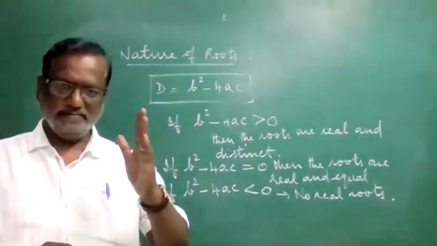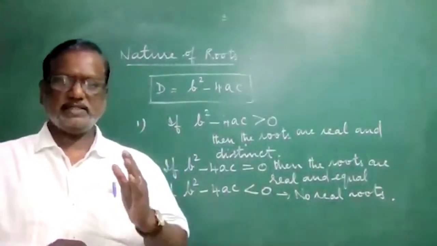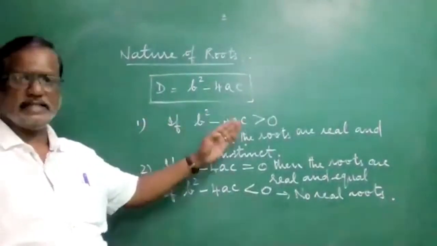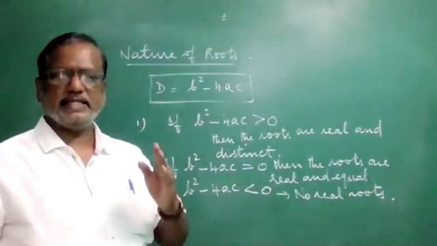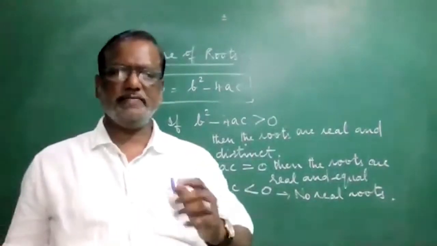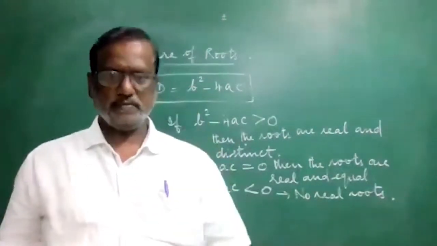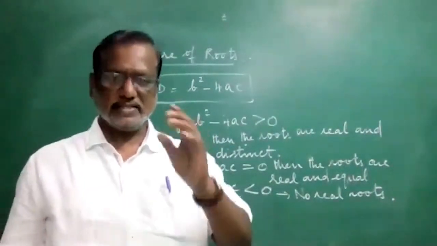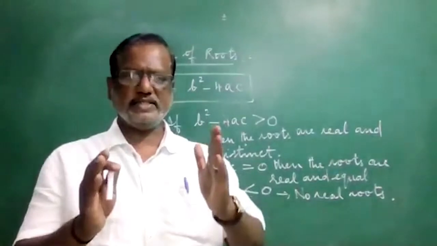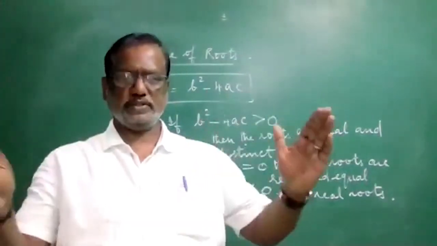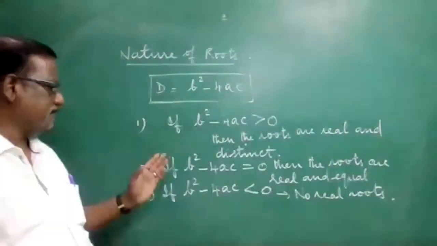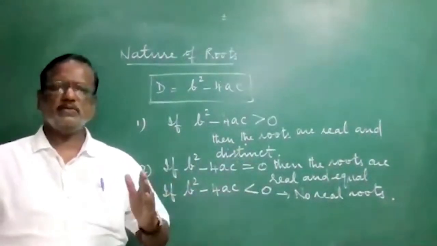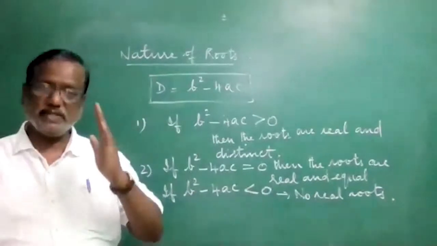If b square minus 4ac is greater than 0, that is, positive, then the roots are real and distinct, meaning two different roots. If b square minus 4ac is equal to 0, then the roots are equal.